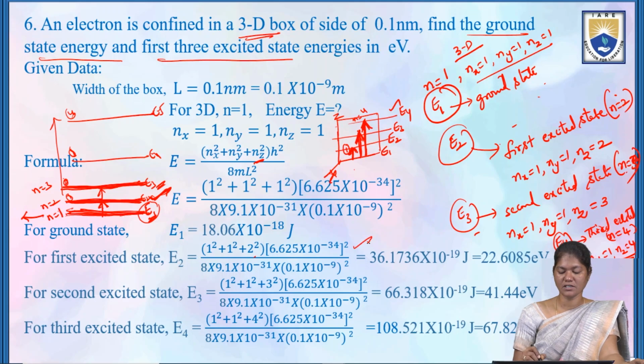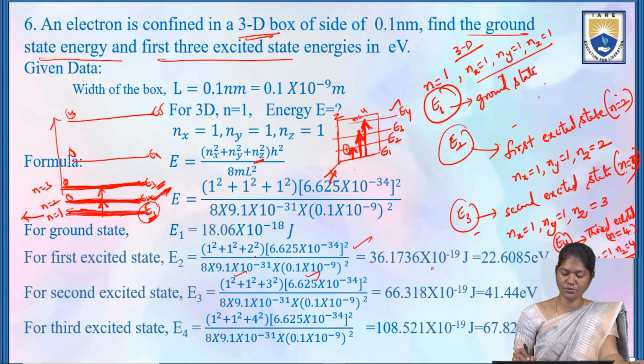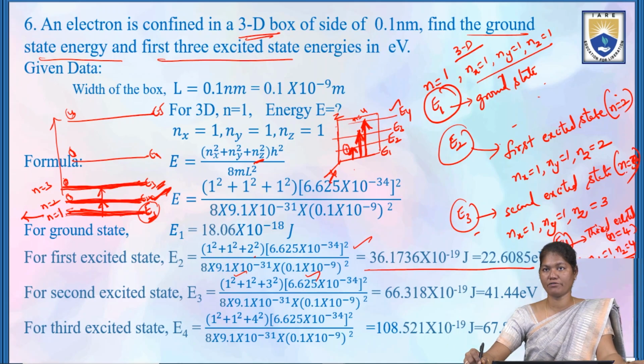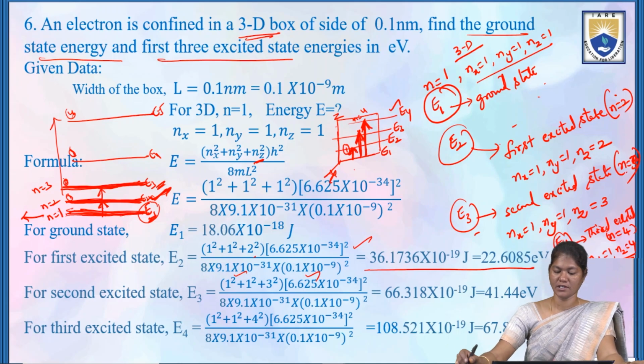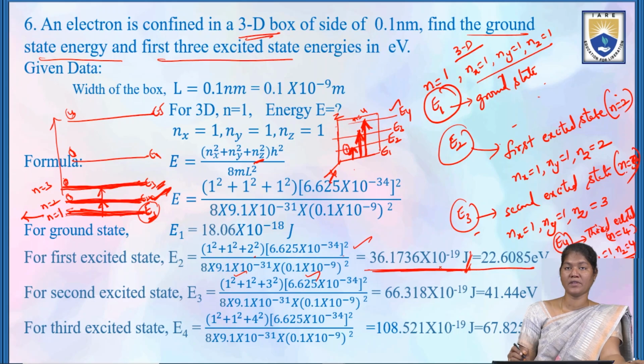Substituting the Planck's constant, the mass of the electron and the length of the box, we'll get E2 equal to 22.6085 electron volts, because here we first get joules, since we substitute the value of Planck's constant in joules.